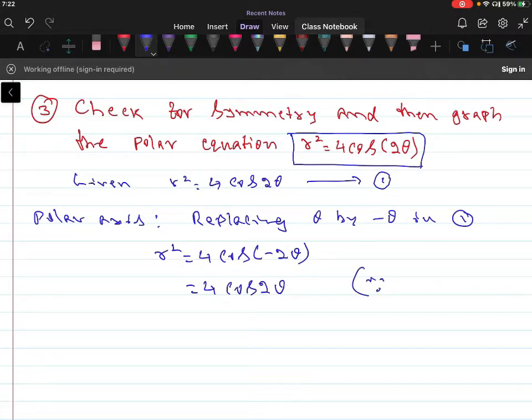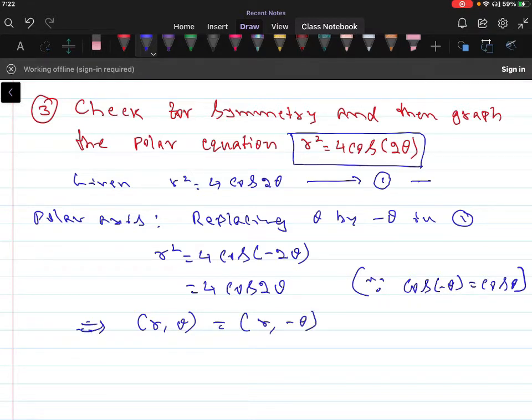Since cos of minus theta is equal to plus cos theta, we get back to equation 1 only. So this implies r comma theta is the same as r comma minus theta.